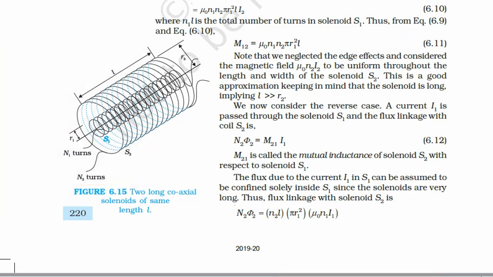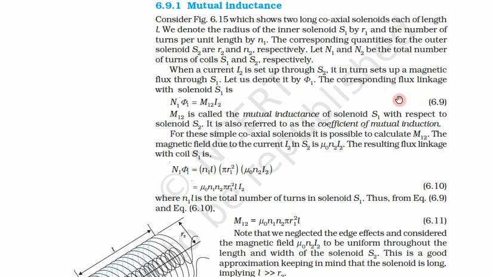Now after understanding the figure, let us see what is happening here. We have seen this figure which shows two long coaxial solenoids. Coaxial means the axis is the same, each of length L. We denote the radius of the inner solenoid S1 by R1, and the number of turns per unit length is small n1, total turns capital N1 divided by L. The corresponding quantities for the outer solenoid are radius R2 and number of turns per unit length n2. Let N1 and N2 be the total number of turns in these coils.